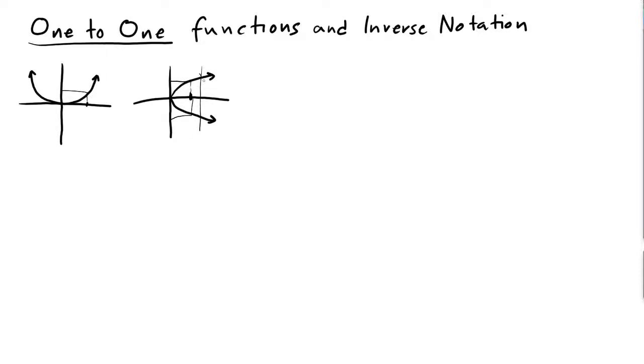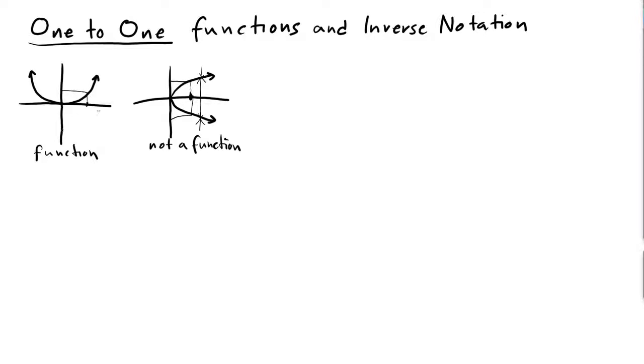If the vertical line passes the graph in more than one place, not a function. Over here, this is a function, so every value of x corresponds to only one value of y. That makes something a function.